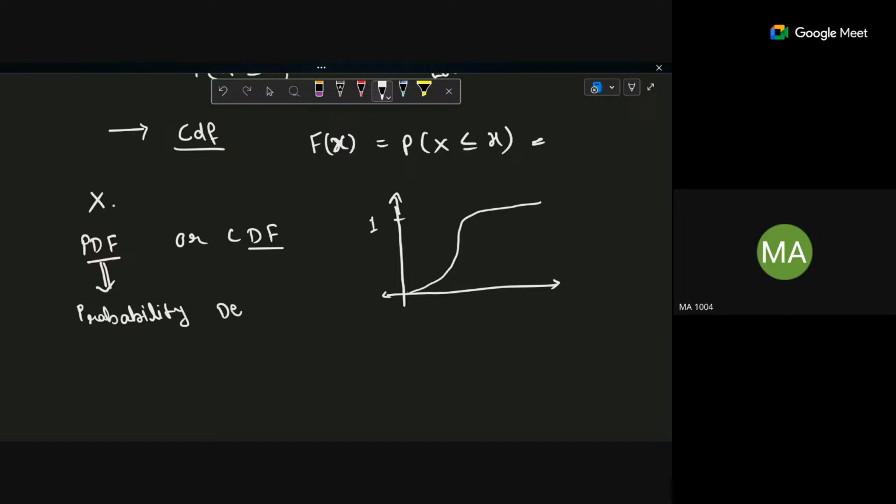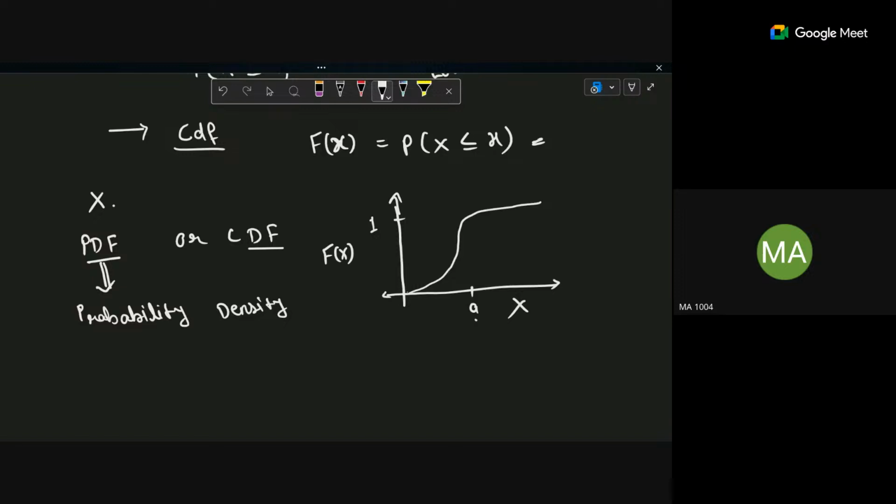Recently I wrote the probability that your random variable is taking values lying between A and B. Using CDF, that means this graph, which is the CDF of some random variable X, can you tell me, let's say some point A is here, and I'm asking what is the probability that your random variable will take value A?